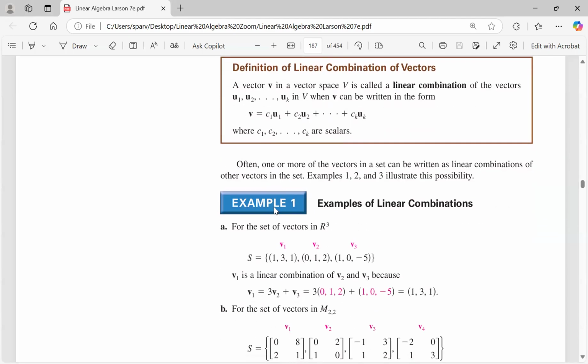So in this example that you're seeing from the author, in this set S, there are 3 vectors in R3. So for instance, the linear combination 3v2 plus v3 adds up to v1. Therefore, it is possible to write v1 as a linear combination of 2 other vectors.